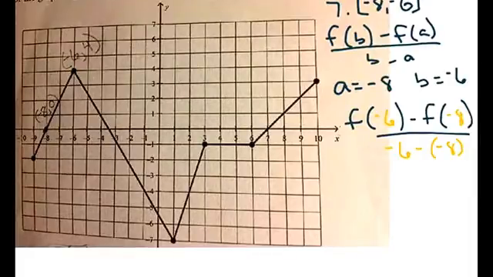So what I'm going to do is come over here, since -6 is an x value, I'm going to go to my x-axis. I'm going to come over here until I find -6 right here. I need to go up and find the graph. Here is a point on the graph.